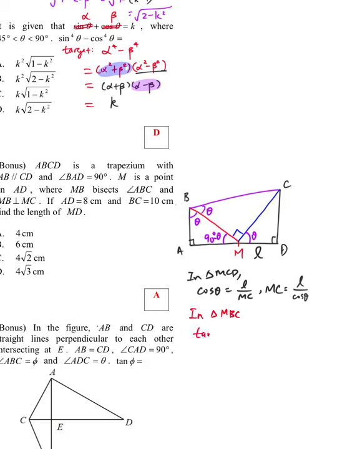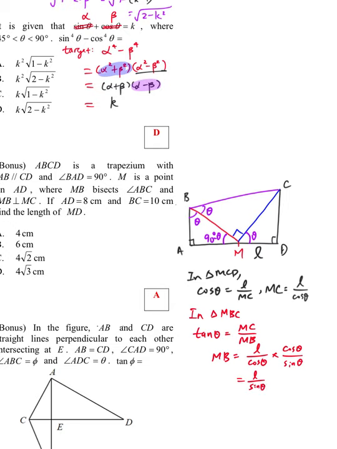So tangent theta will be equal to MC over MB, and MB will be equal to MC divided by tangent theta, which means multiplying cosine theta over sine theta, equals L over sine theta.